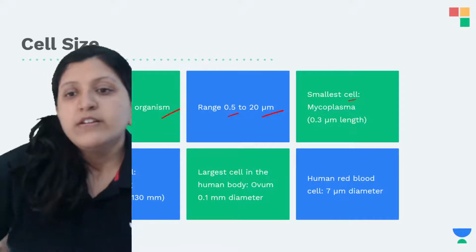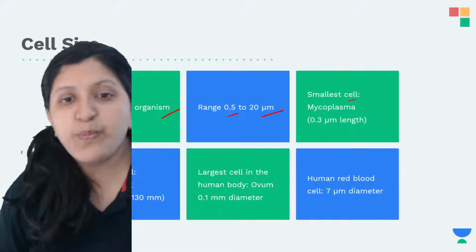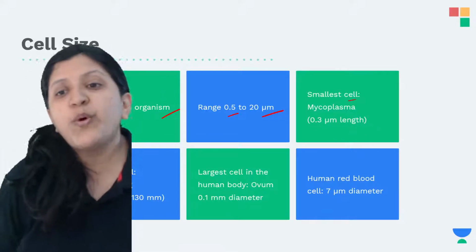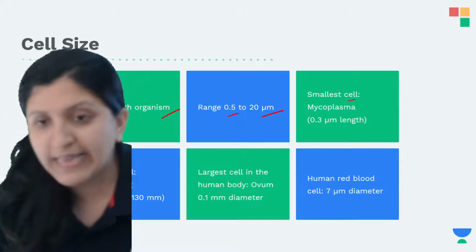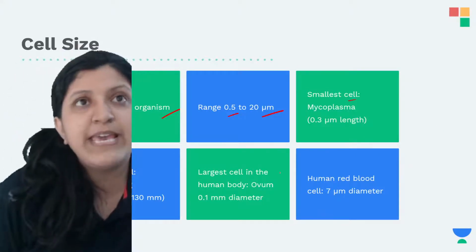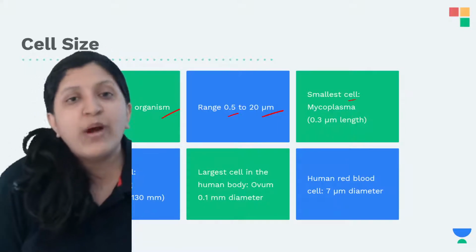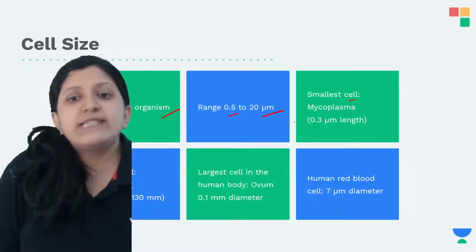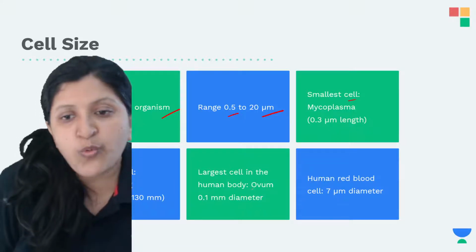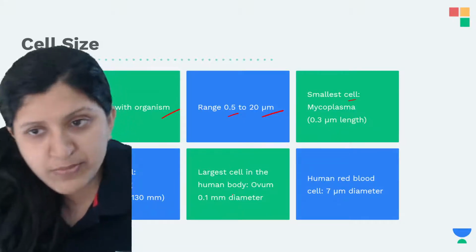Okay, the smallest cell is mycoplasma, which is 0.3 micrometer in length. The largest cell is the ostrich egg, which is about 150 mm to 130 mm. The largest cell in the human body is the ovum, which is about 0.1 mm in diameter.